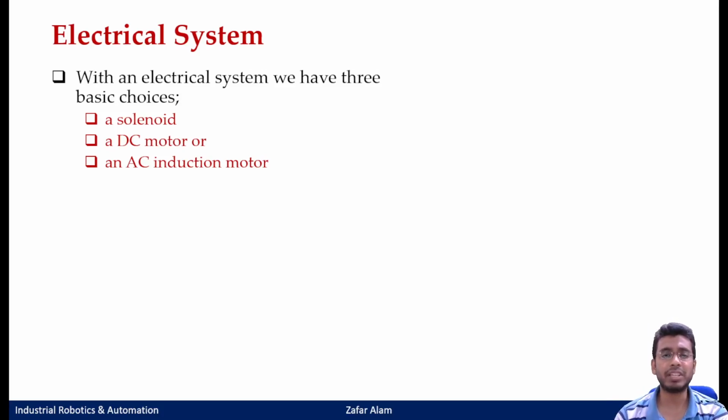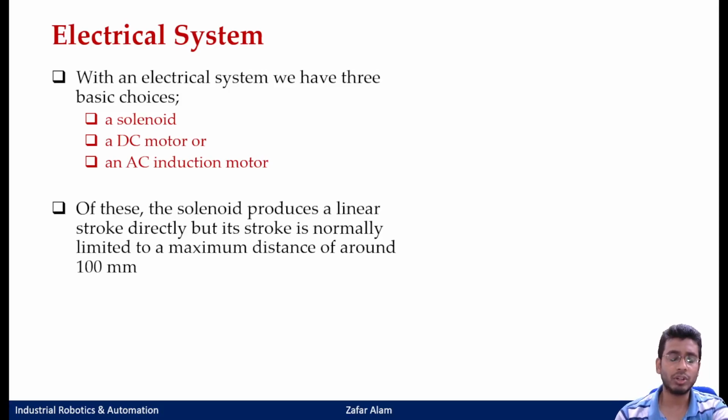So what are the limitations of a solenoid? The travel movement of the solenoid is very less. The distance up to which it can pull a load is limited by the movement of the inner core within the solenoid.